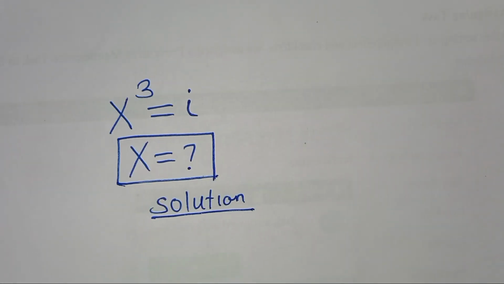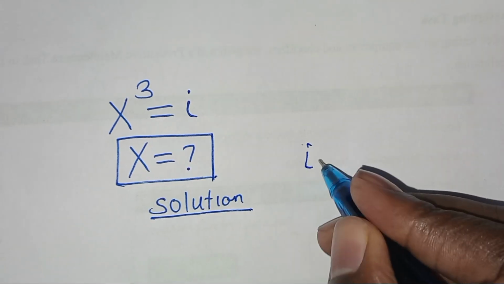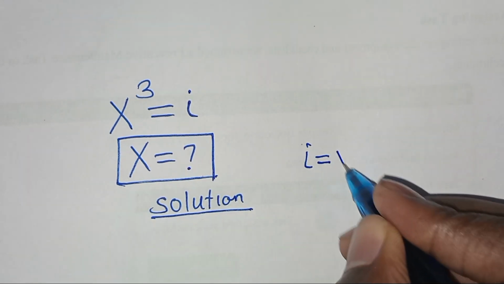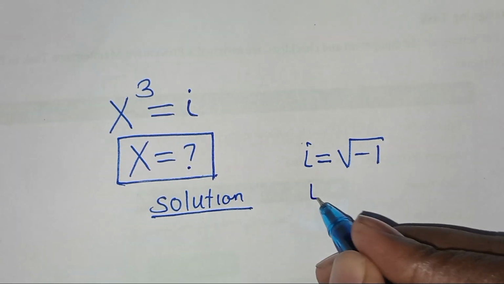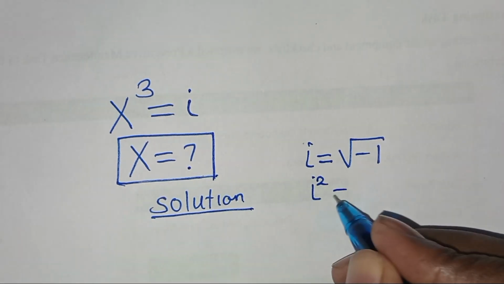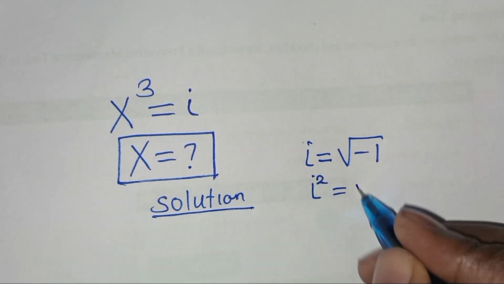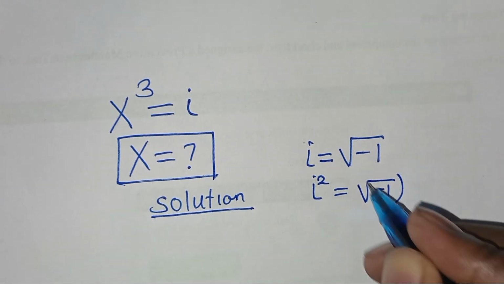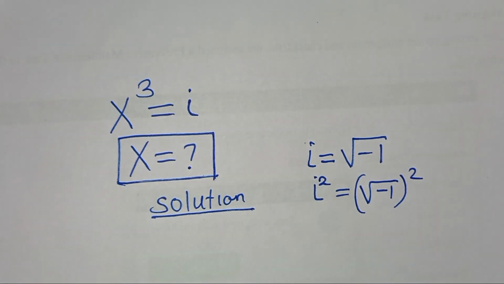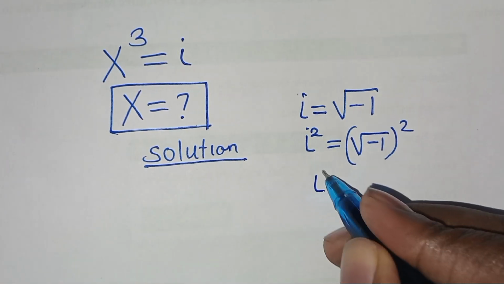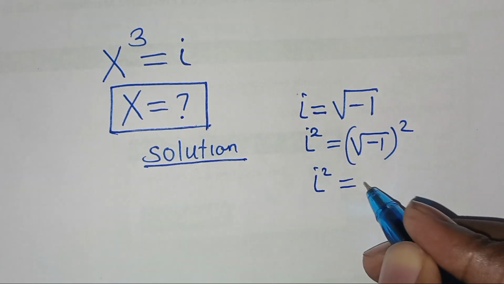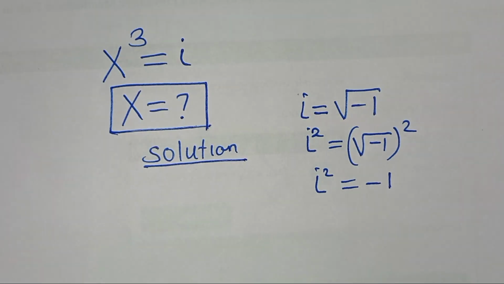Now, we have that i is the same thing as square root of minus 1. And therefore, i squared is the same thing as square root of negative 1 squared. And this implies that i squared is the same thing as minus 1.